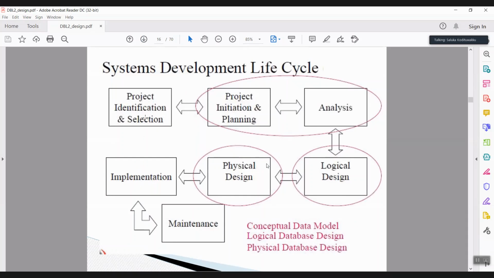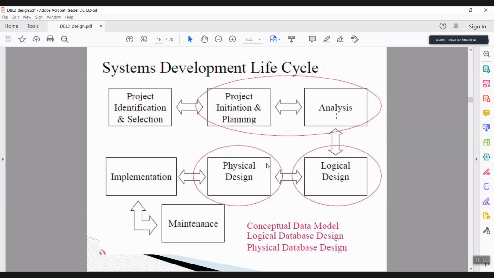So basically this is the database development life cycle. First we have to identify the project and its requirements, and then the database is constructed for that. We initiate the project and the planning, and then we analyze.